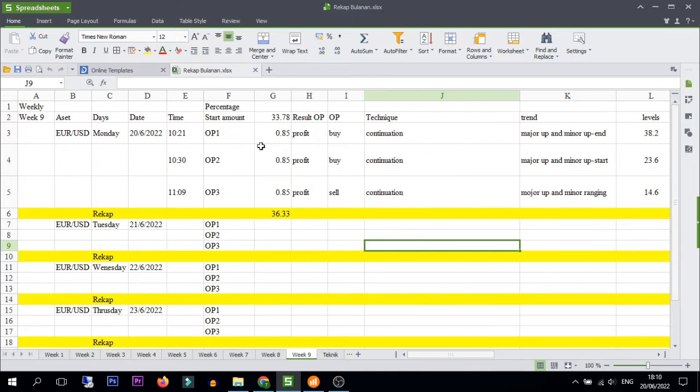This is my trade today, the 20th of June. It's all profit. I don't know why, but I think I do the best that I can do. Let's see the next day. So from this day, I will also make videos and upload them to YouTube.